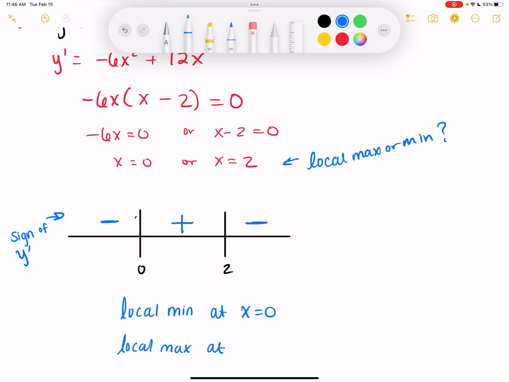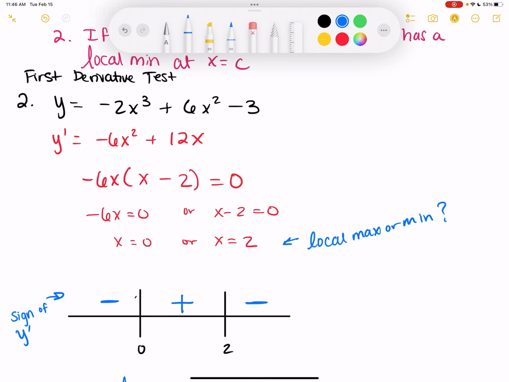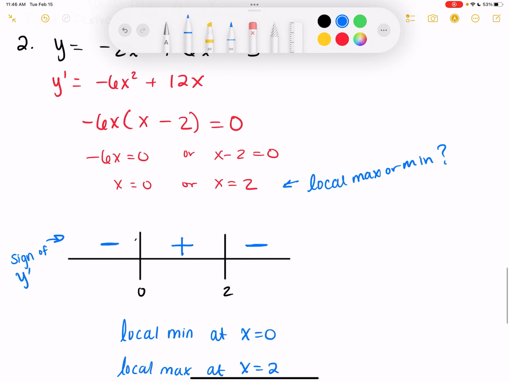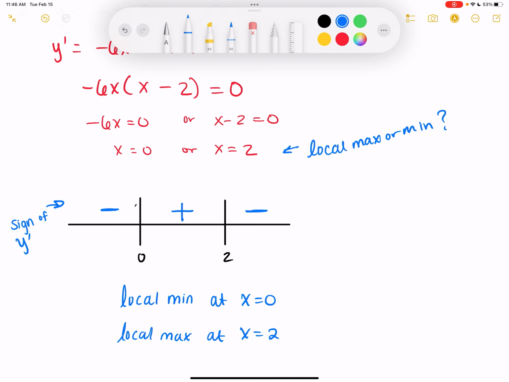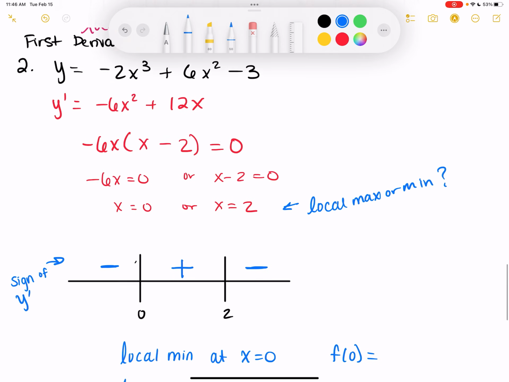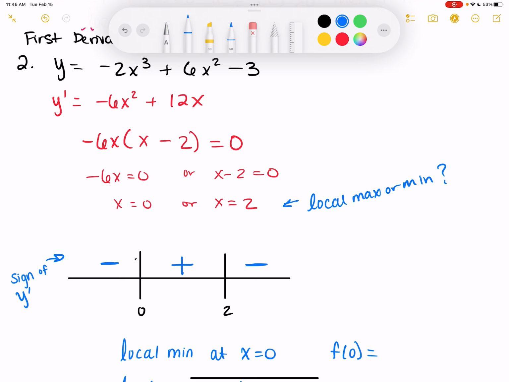at x equals 2. So then what we do is we plug these numbers into the original equation, okay, and then we're going to figure out what the xy coordinate is where that occurs. So f of 0, if we plug in 0 up here, I'm left with negative 3. So the actual point would be 0, negative 3, where the min occurs.